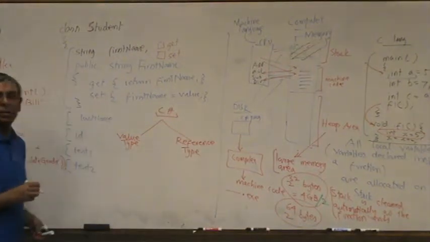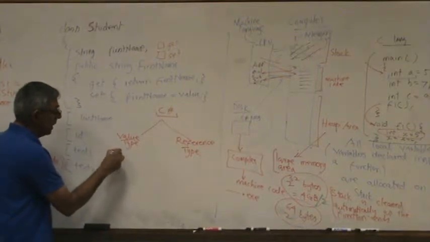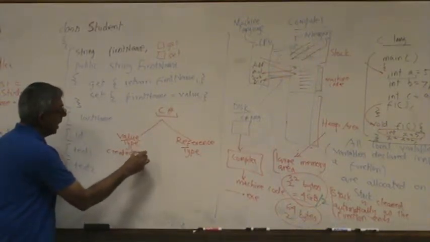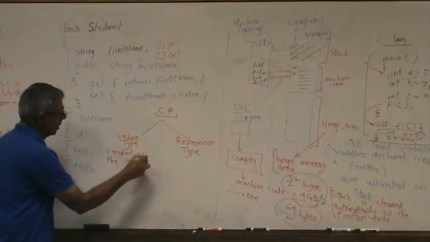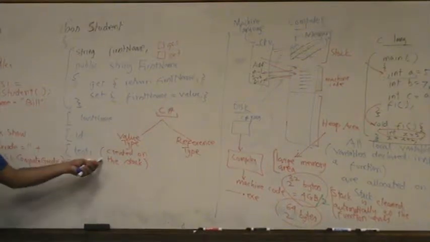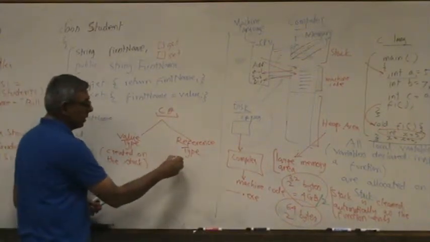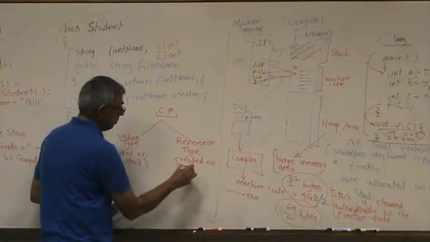What is a value type? A value type, first of all, gets created on the stack. Now hopefully you know what a reference type is as compared to this. It will get created where? Heap. It gets created on the heap.